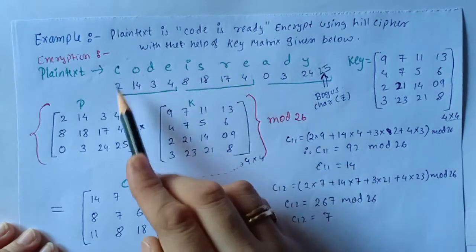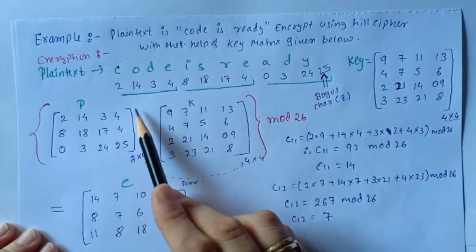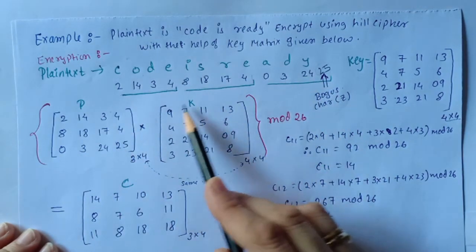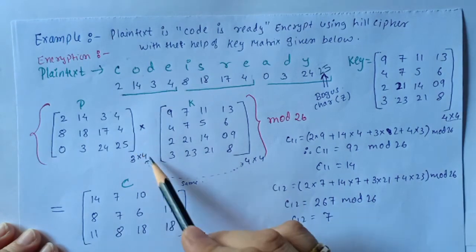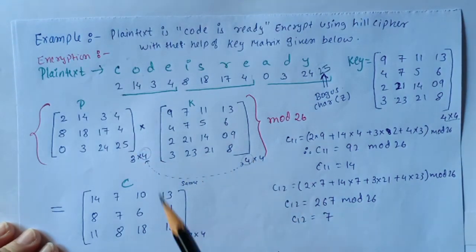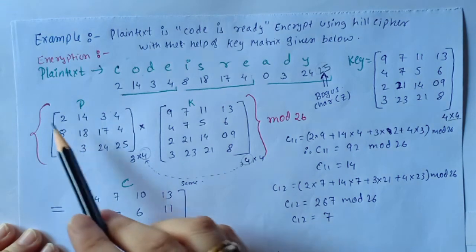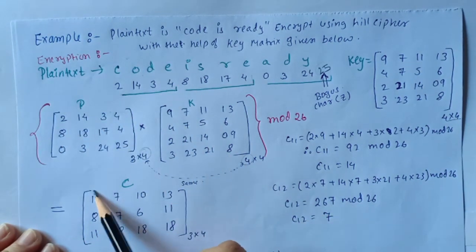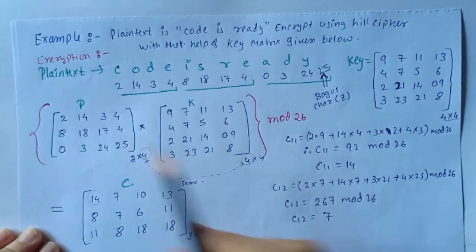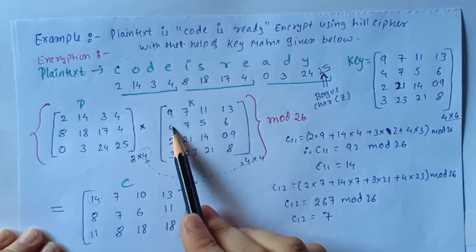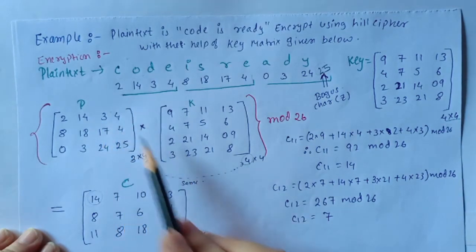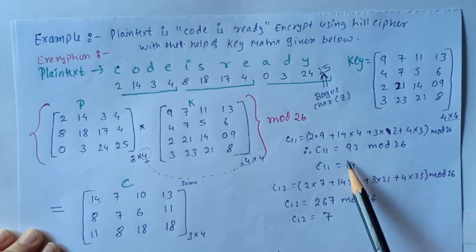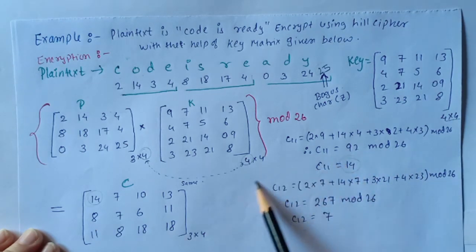Now we will make this a matrix. So this will be our first row, this will be the second row, this will be the third row, and this will be our key matrix. Here this should be the same. As you all know the rule of matrix multiplication, we multiply row into column. So for C1 what we will do is 2 into 9 plus 14 into 4 plus 3 into 2 plus 4 into 3 mod 26, and after taking mod 26 we will get the encrypted ciphertext.